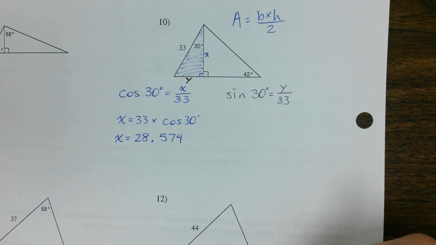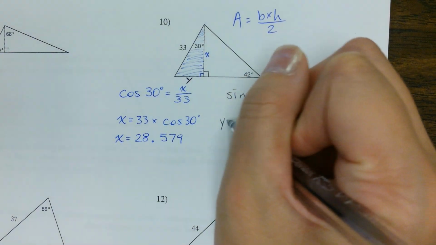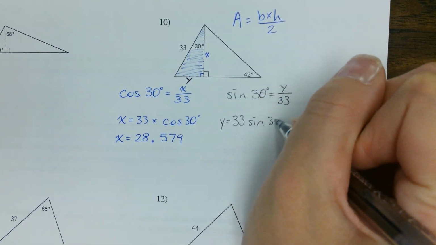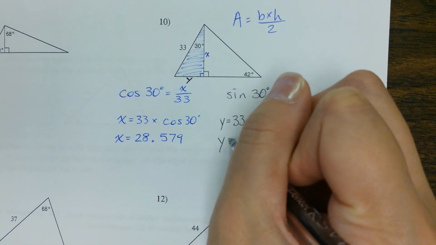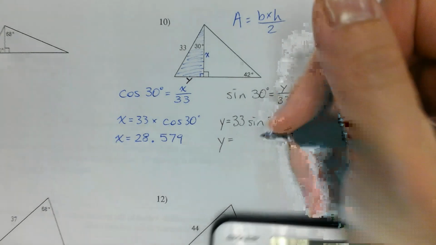Since my variable is on the top, I'm just multiplying. So y equals 33 times sine 30 degrees, and I get 16.5.